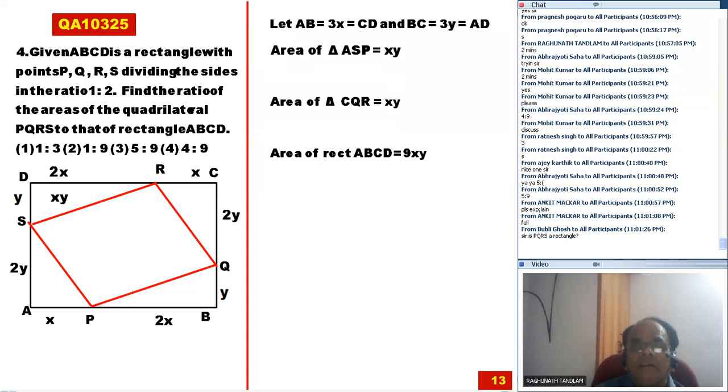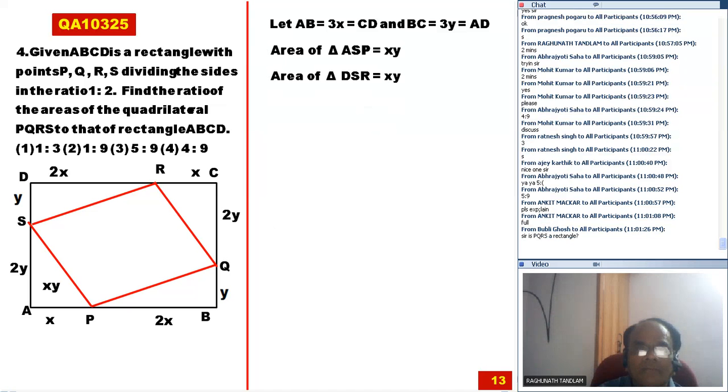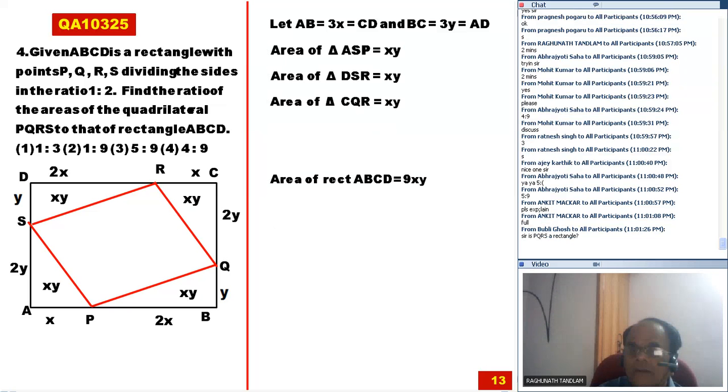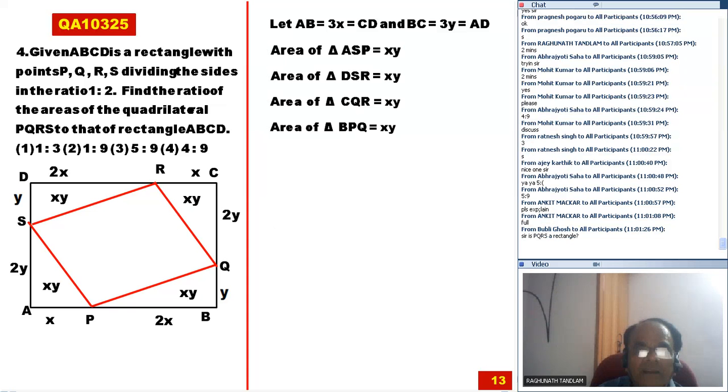I took AB as 3x and CD is 3x. PQRS will definitely be a rectangle. Why have a doubt on that? I don't know if it's a rectangle or not. Definitely it's a rhombus.